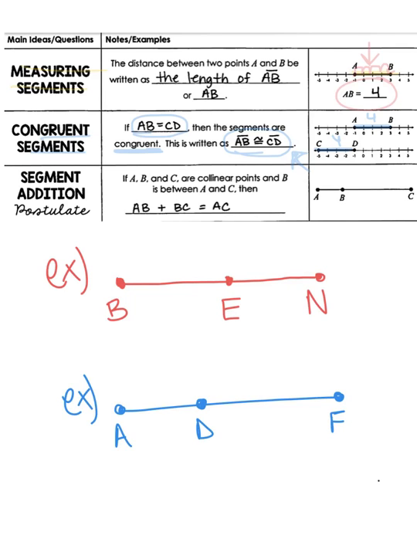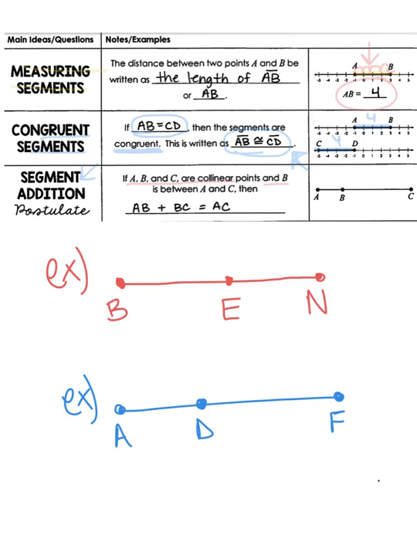And then the last one is the segment addition postulate. This is just a rule for when we are adding segments. It says if A, B, and C are collinear, remember what collinear means? Collinear means on the same line.